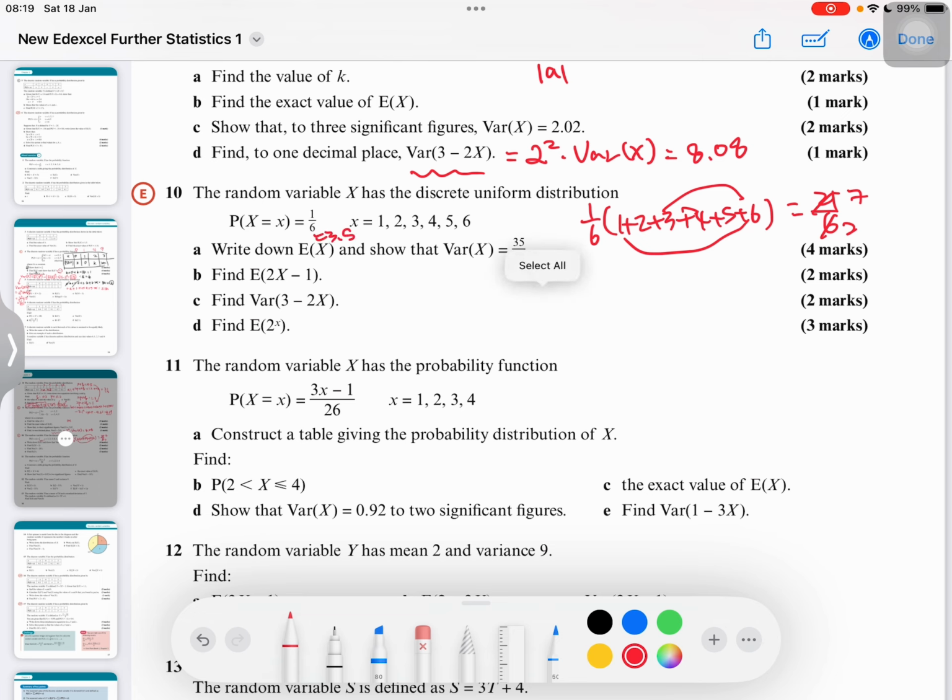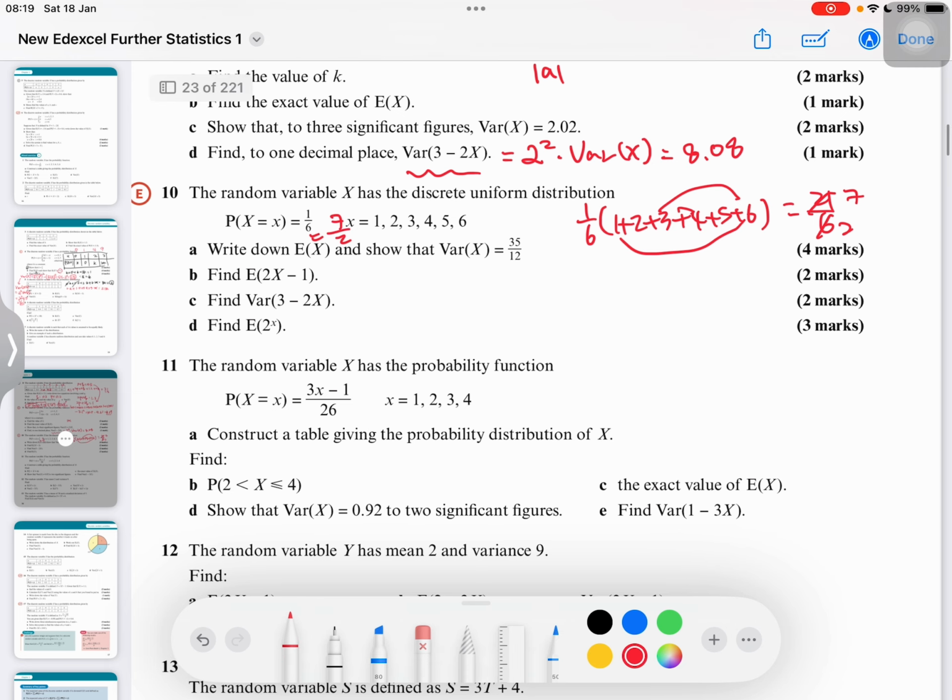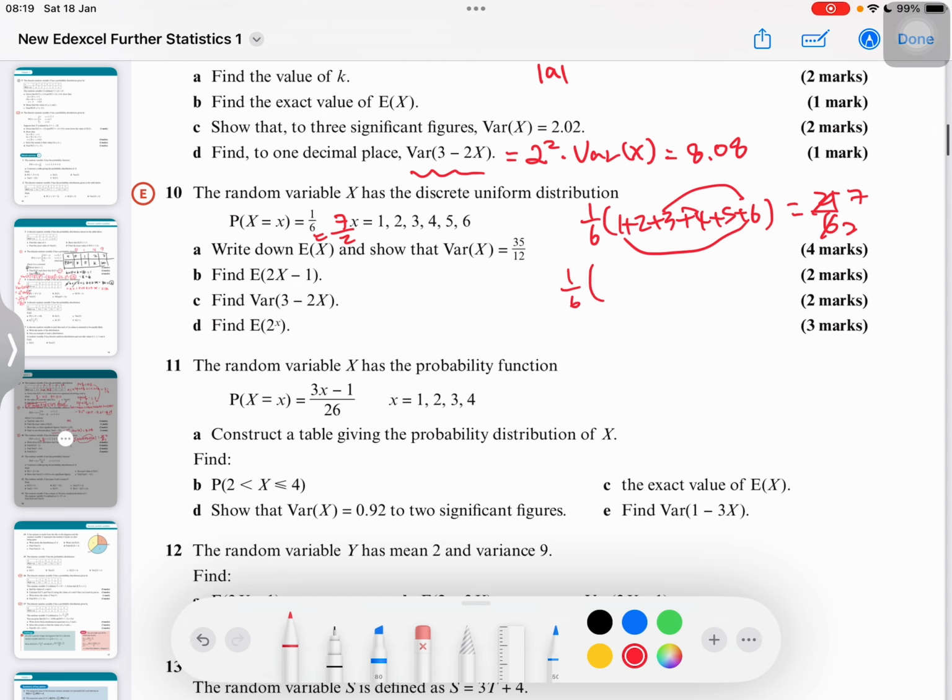Show that it is 7 over 2. And for the variance, 1 over 6 times 1, 4, 9, 16, 25, 36, which sums to 91.